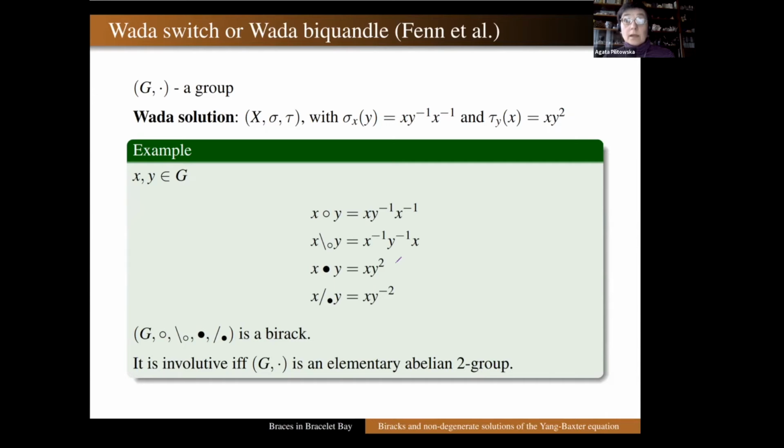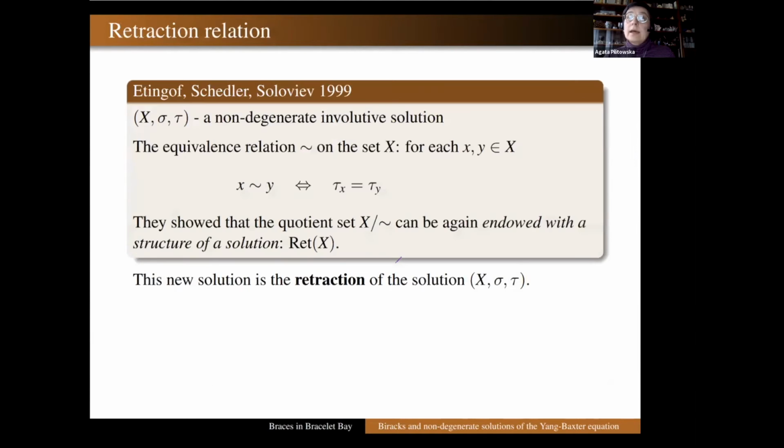So to the Vada solution, the corresponding Birack is a Vada switch, or Vada biquandle, as it was called by Fan.